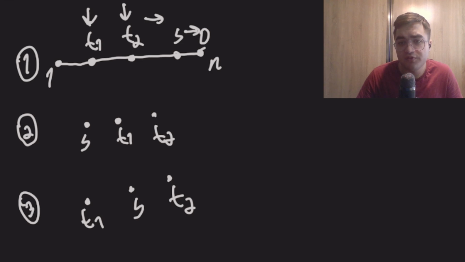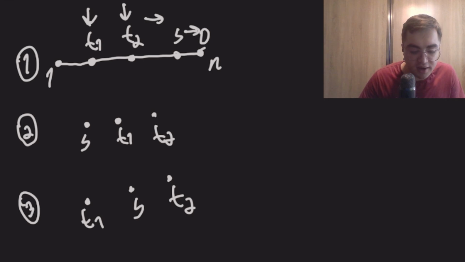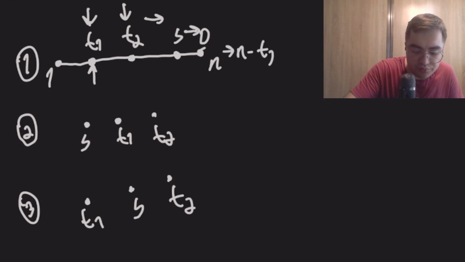And it's of course optimal for the student to wait there, because that's the rightmost place and it will take more time for the teachers to get there. We can even ignore teacher 1 in this case, because teacher 2 is closer to N, so teacher 1 can't help in any way. Which means that the answer in this case is going to be N minus teacher 2.